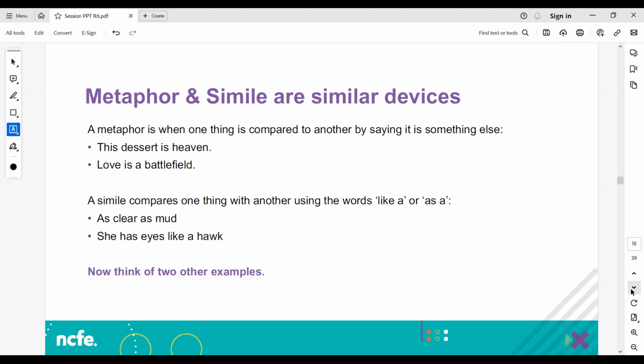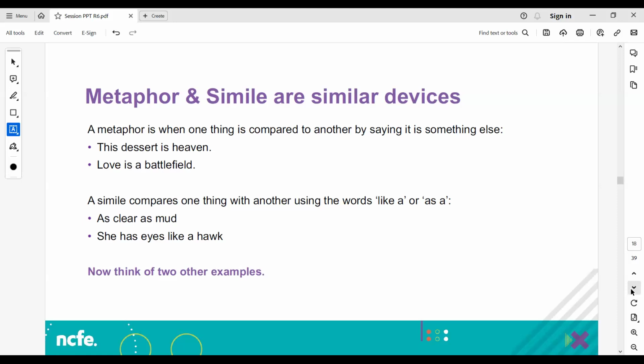So, this dessert is heaven. We're saying that the dessert is actually heaven. We understand that as meaning it's delicious, it's really tasty. That emphasizes how delicious it is, because it describes the dessert as being heaven.